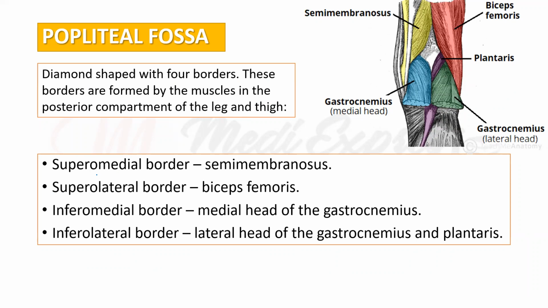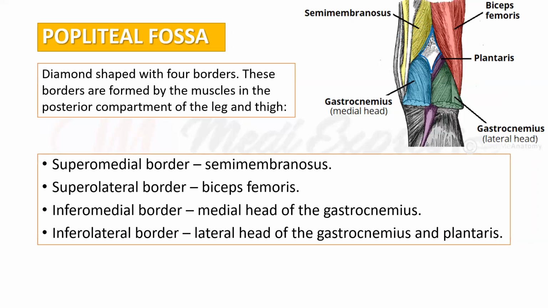We'll see what happens to the borders. First one, we have a superior medial border. That is the semimembranosus. Next one, what we have is a superior lateral border. And that is the biceps femoris. You can see over here, this is a diamond shape.